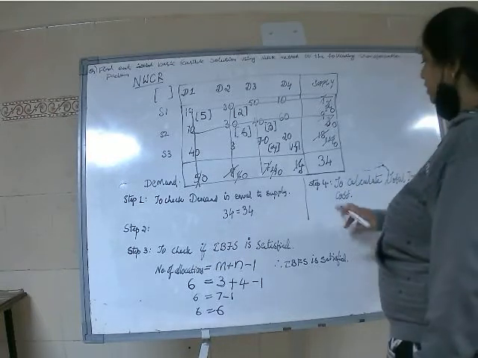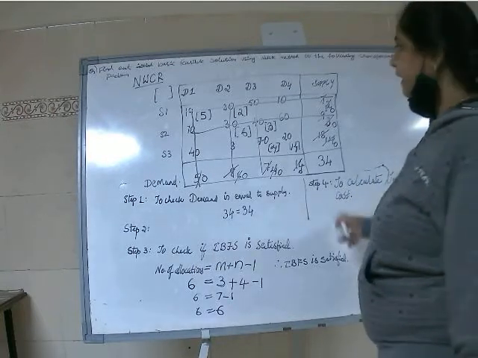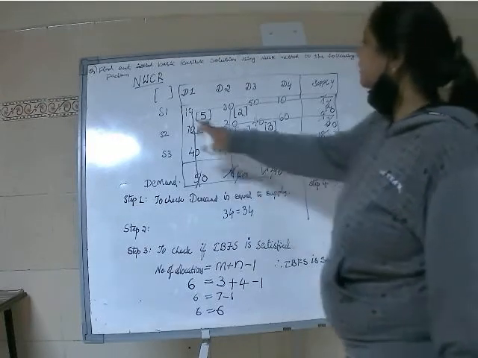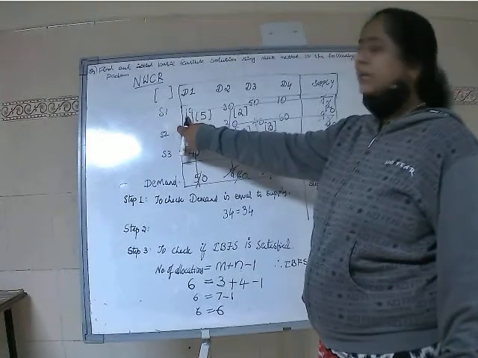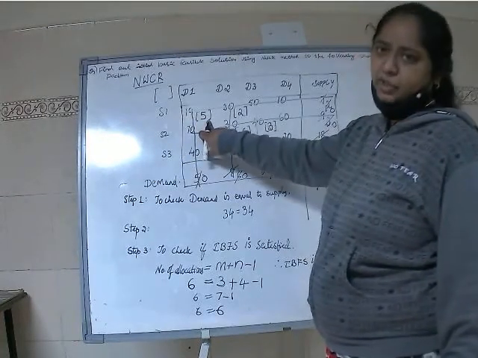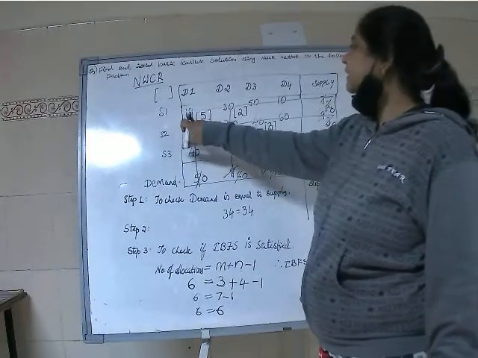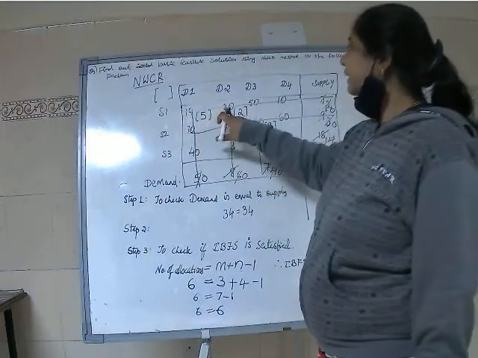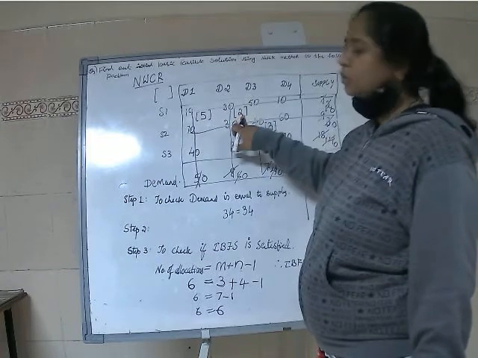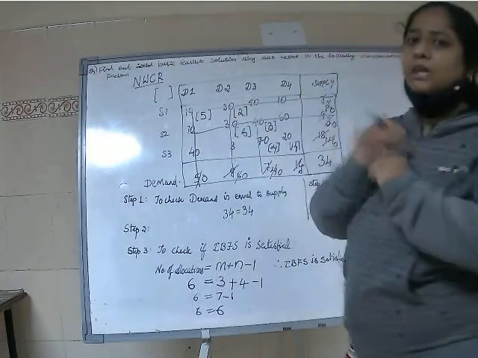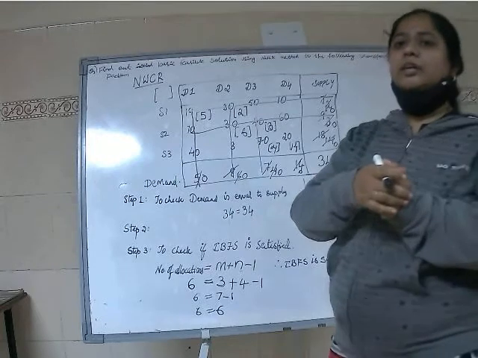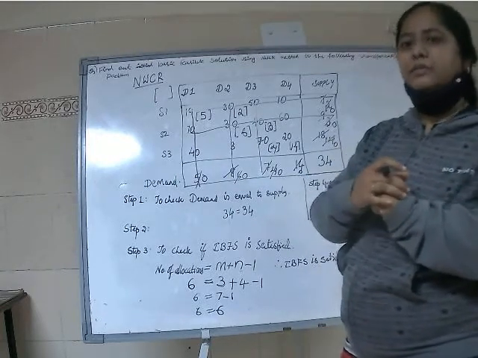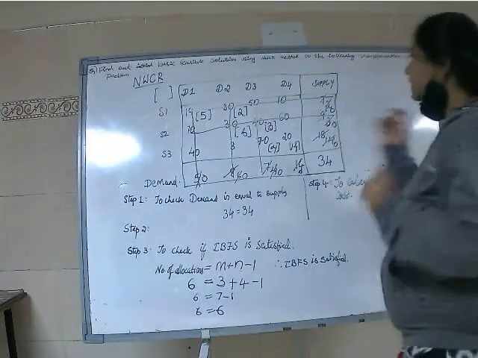Okay, this is your step 4. How do you calculate the transportation cost? Here it is the value into allocation, that is 19 into 5. Like that, next 30 into 2. When you sum up the total cost, what you get is nothing but your optimal transportation cost. Now let's calculate.